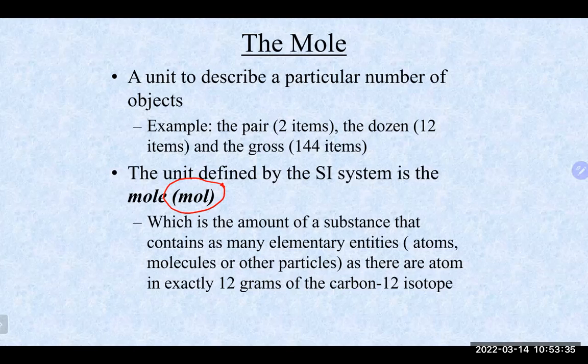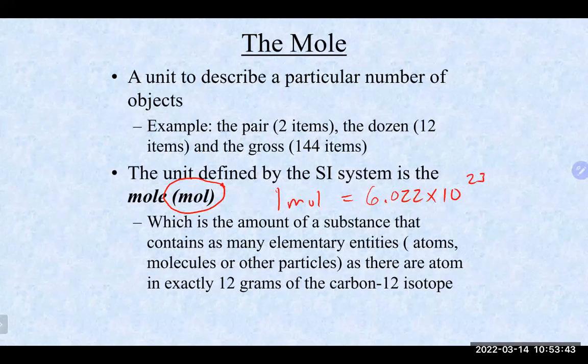One mole of anything will equal 6.022 times 10 to the 23. Just like a pair is 2 and a dozen is 12, if you say you have a mole of something, that represents 6.022 times 10 to the 23. That number is what's known as Avogadro's number. The units that go with that number can really be anything. It could be particles.